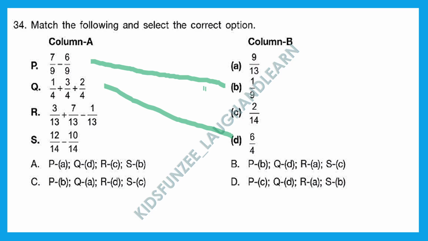So 3 plus 7, 10 minus 1 equal to 9 by 13. R matches A. 12 by 14 minus 10 by 14 is equal to 2 by 14, which is S matches C. The correct answer option here is option B. PB, QD, RA and SC.